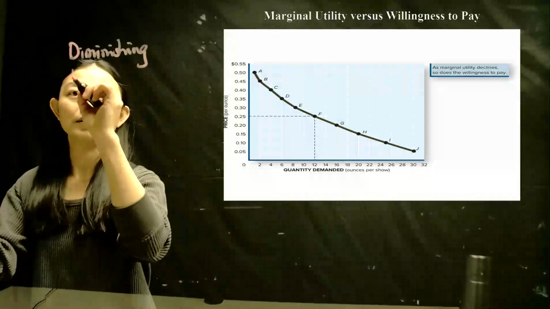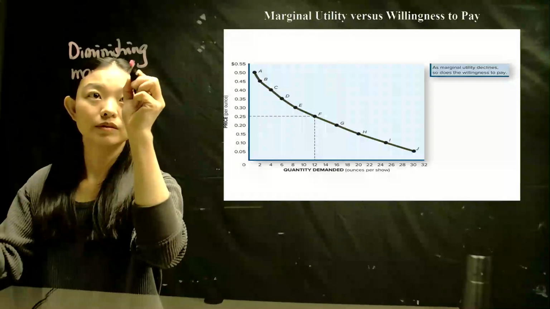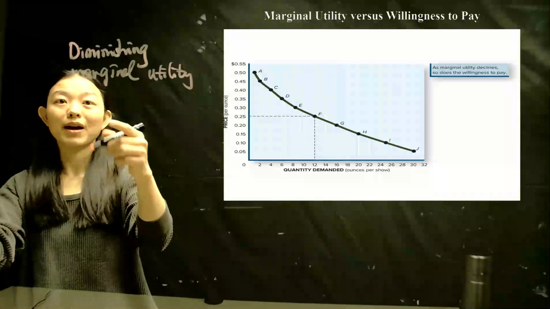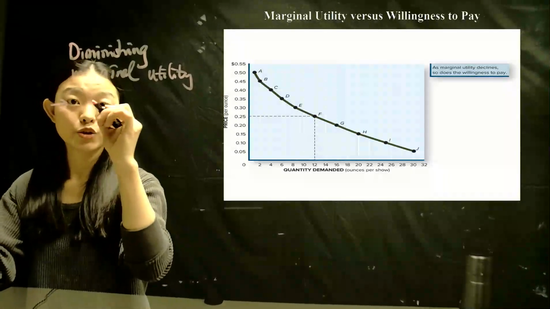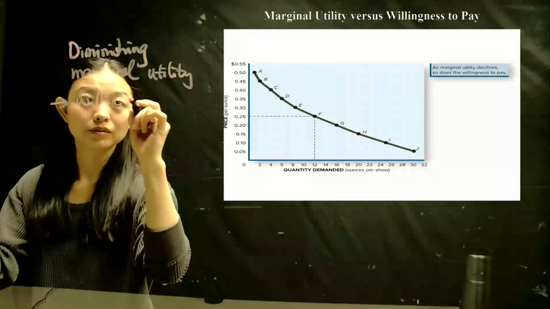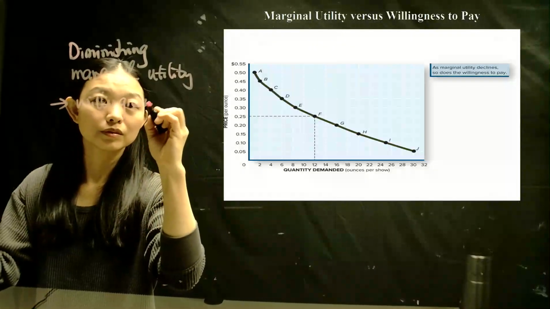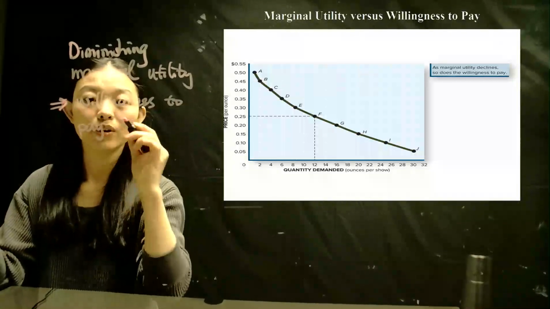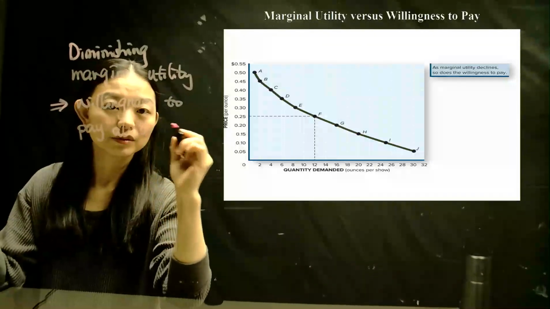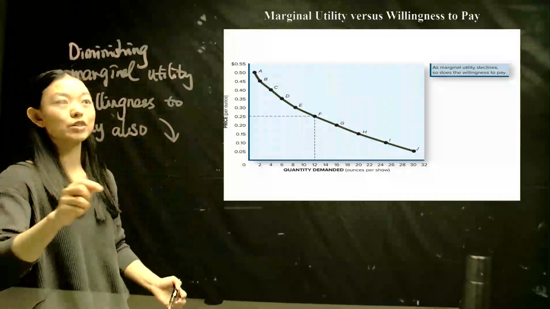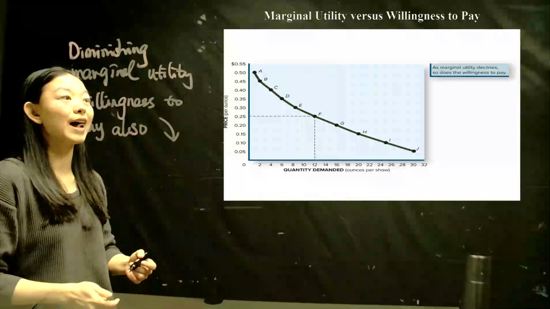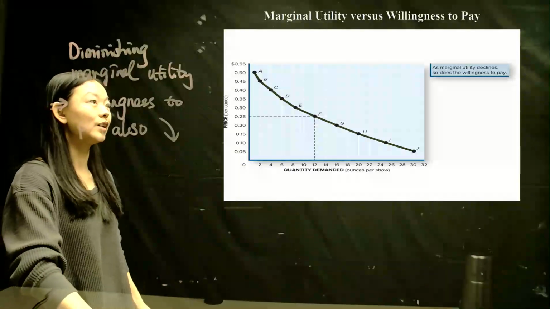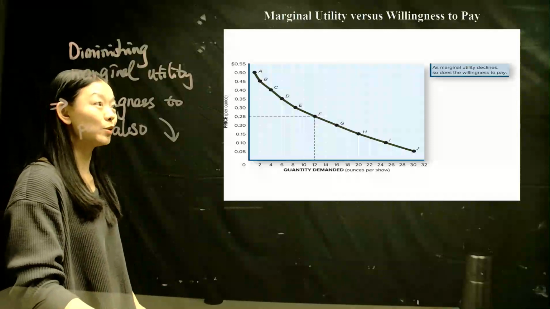Diminishing marginal utility measures the willingness to pay, and the willingness to pay also decreases as you have more units, more quantity of the goods and services. And this is why the demand curve is downward sloping.